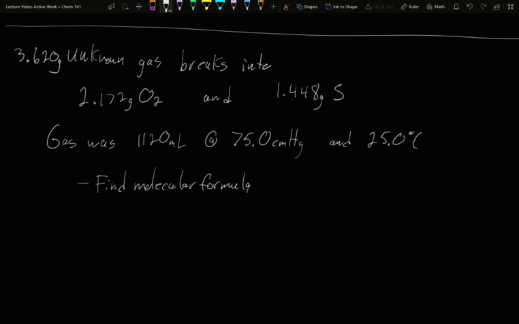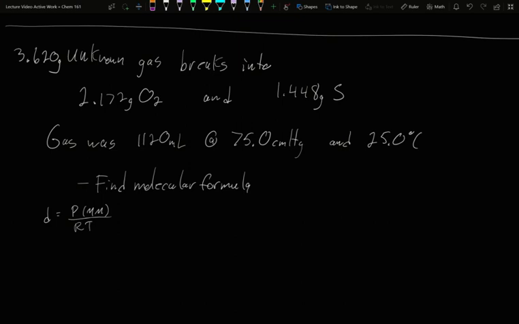All right, if you're back, well, as we just did in the last problem, we can find molecular mass. Your density is equal to pressure, molecular mass, over RT. Now, why we want molecular mass? Well, we know the elements, sulfur and oxygen.